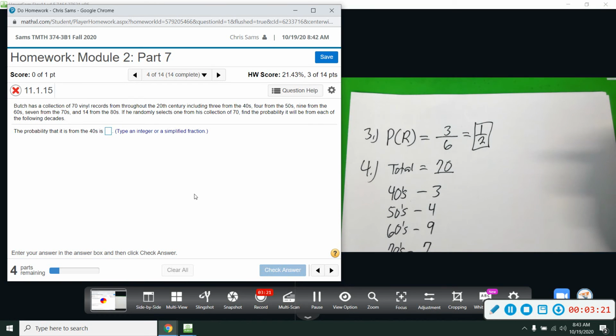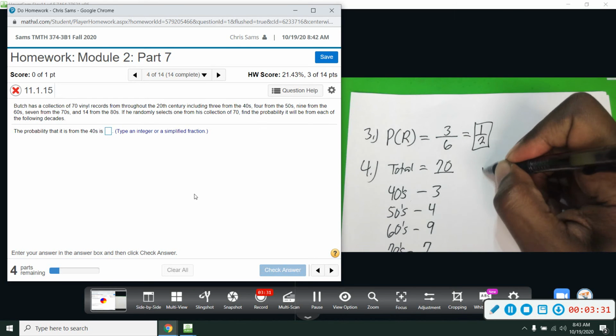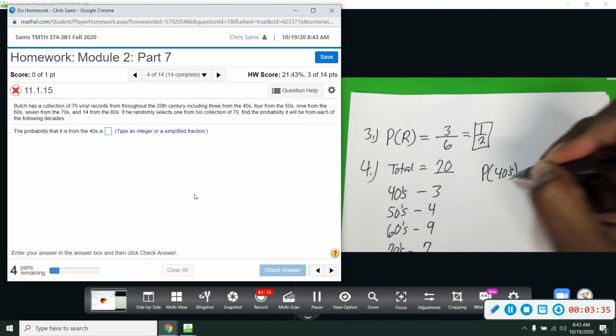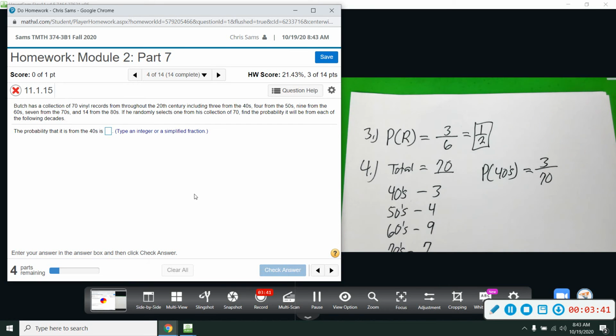So we want to know the probability that if he randomly selects a vinyl record, it would be from the 40s. So I'm going to do all parts. So we've got probability from the 40s. All right, so we know there are 3 in the 40s and there's 70 total, and that will not reduce. So 40s will be 3 over 70.